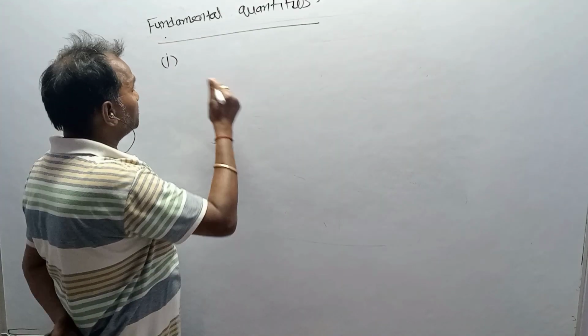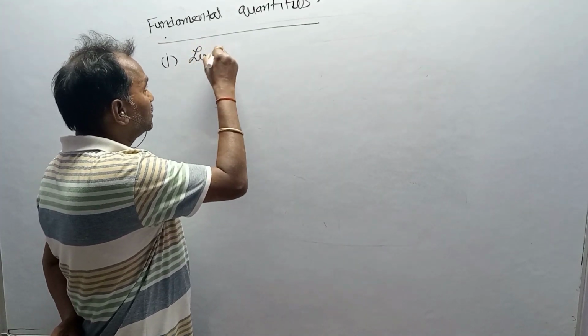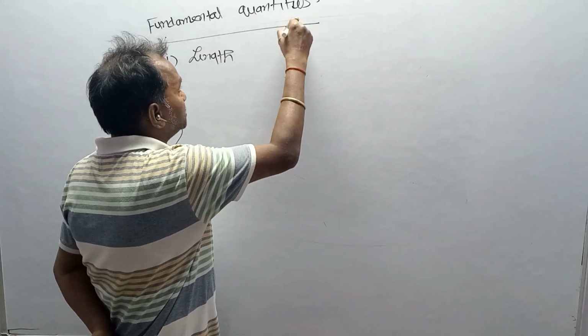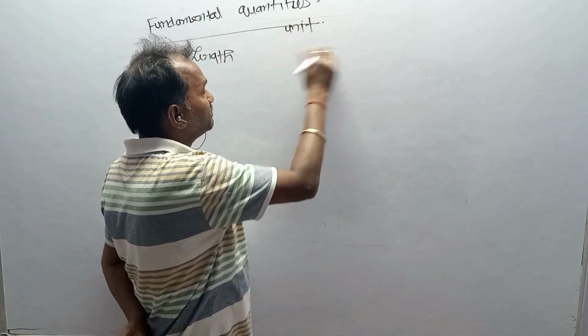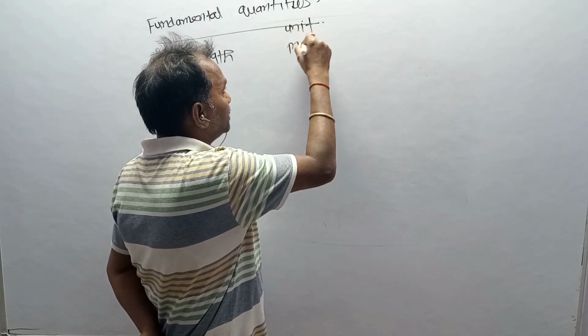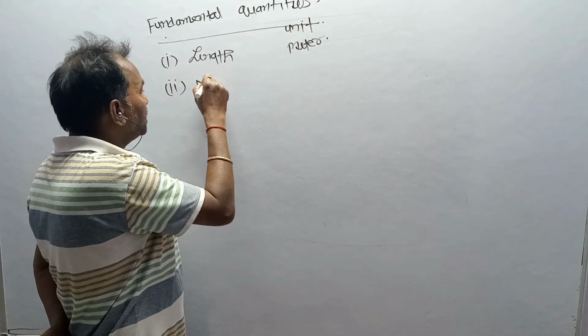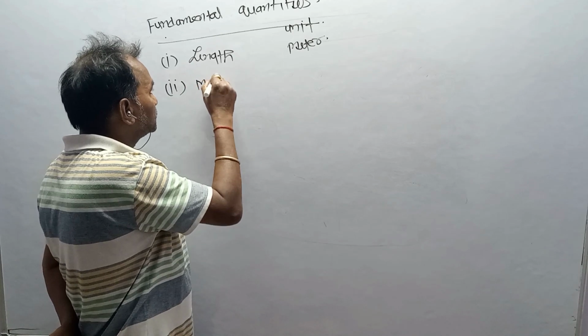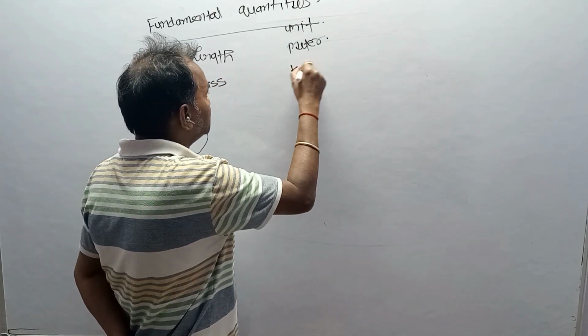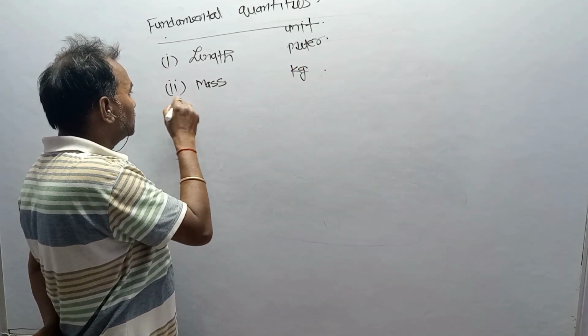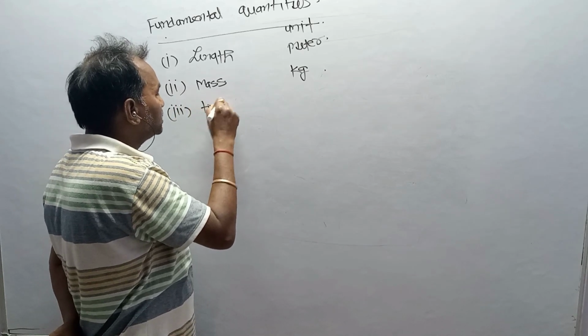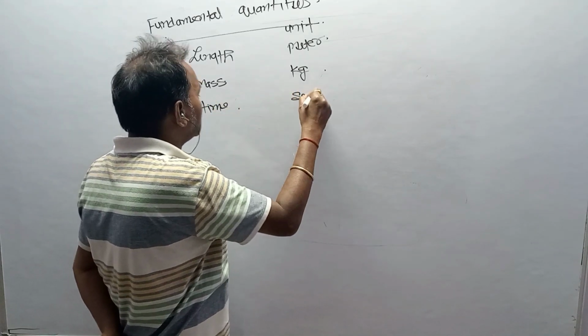The first fundamental quantity is length, and its MKS unit is meter. Second fundamental quantity, mass, and its unit is kilogram. Third one is time, and its unit is second.